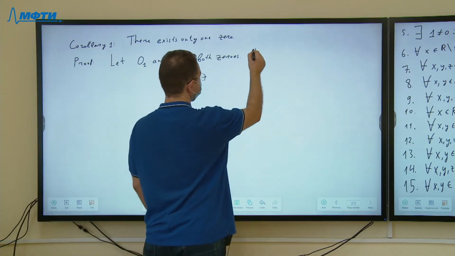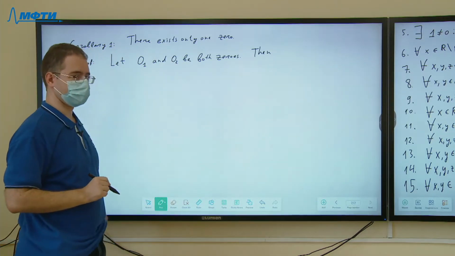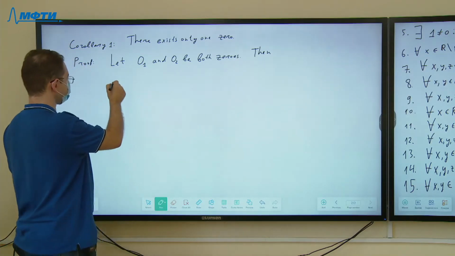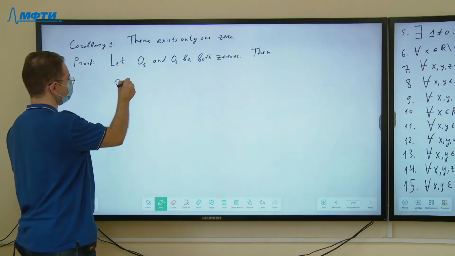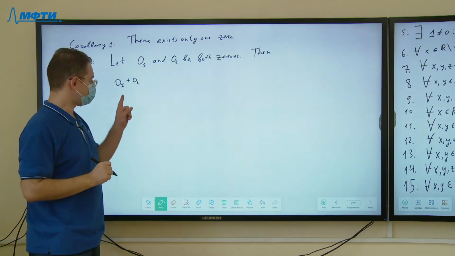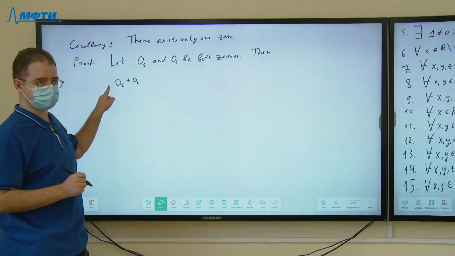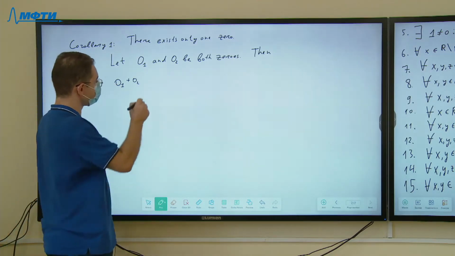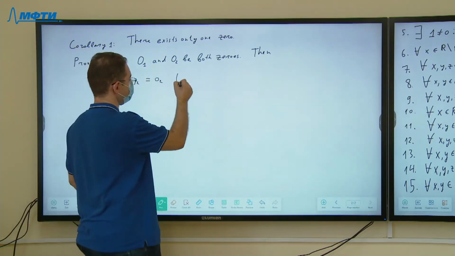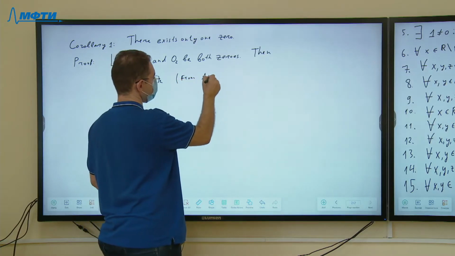Then let's look at this expression, O1 plus O2. Since O1 is a 0, from the first axiom, it follows that this equals O2.